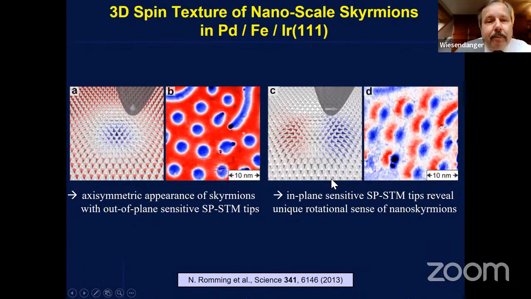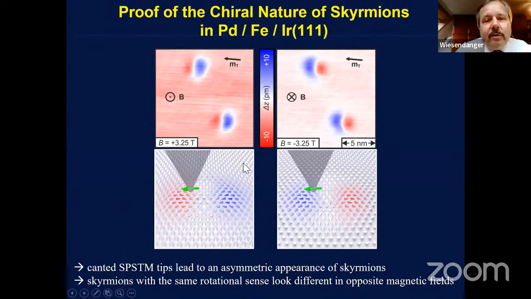And to rigorously prove the chiral nature, of course, you can do if you reverse the out-of-plane applied field. Then you reverse not only the contrast of the ferromagnetic surrounding, but you also reverse here the contrast for the in-plane magnetization orientation within your skyrmion. That was the first rigorous proof of chiral magnetic skyrmions, even down to the single-digit nanometer length scale.